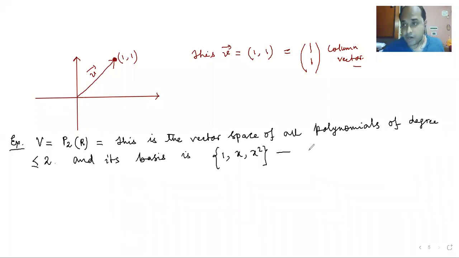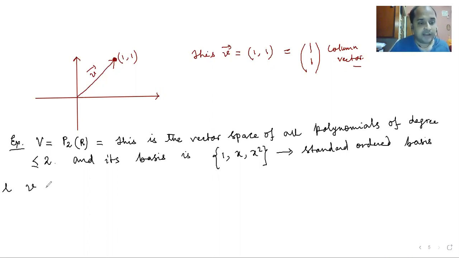This is not only an ordered basis, this is the standard ordered basis for P2(R). Now if you consider any vector from P2(R), let v be any vector of P2(R), then we can represent this vector v as some multiples of these basis vectors.